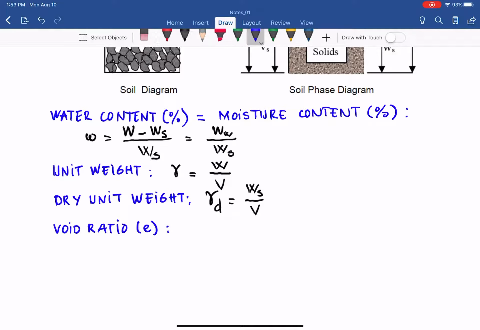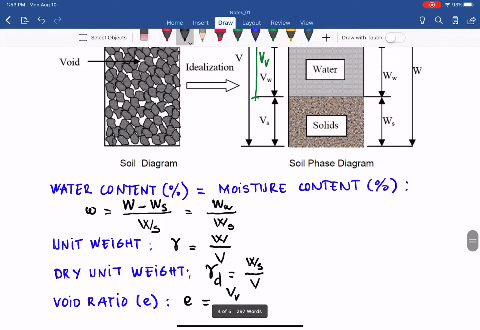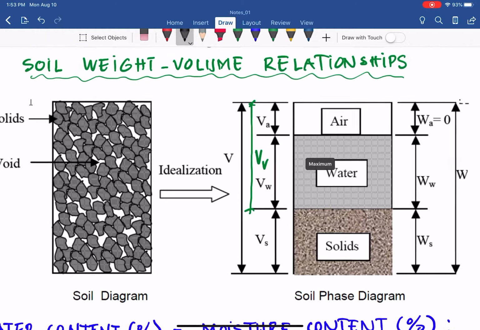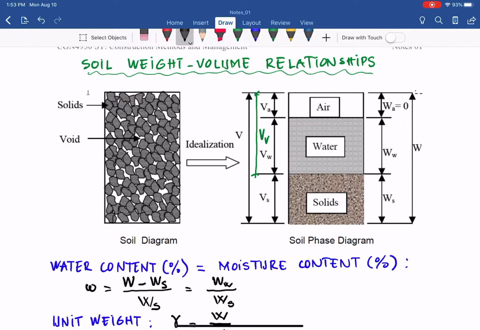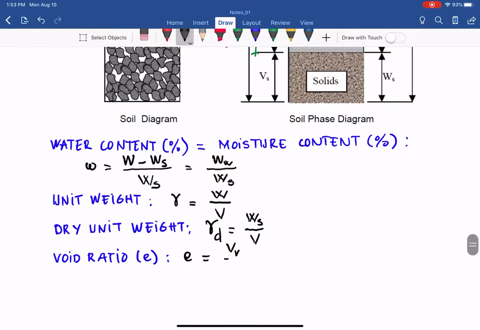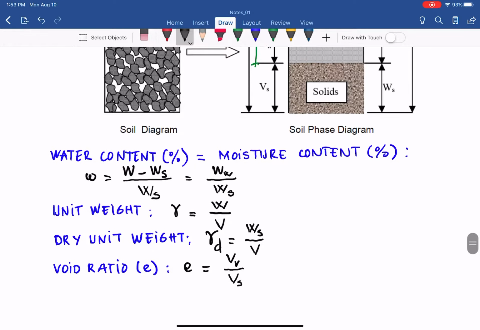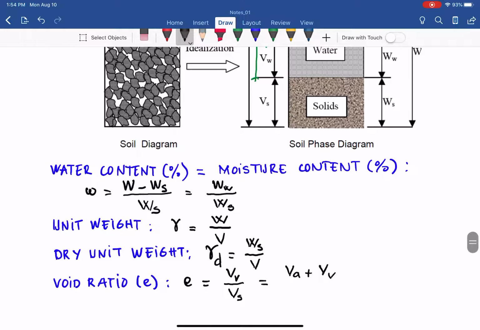So it's Vv. e equals the volume of the void, and in this case it equals the volume of air plus volume of water, Vw plus Va, over the volume of the solid Vs. Or you can say it's Va plus Vw, water, over Vs.